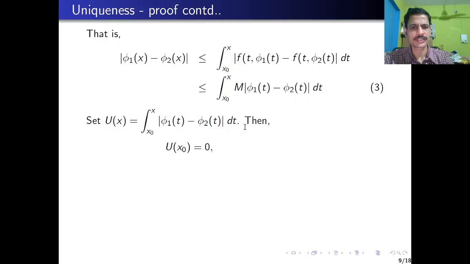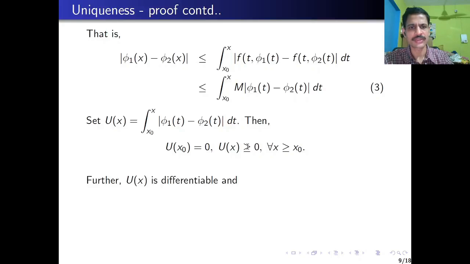Then what is the condition that we have on u? We note that u of x naught will be the integral from x naught to x naught, so u of x naught will be equal to 0. And since there is a modulus here, the integral is also positive. So ux is positive for all x greater than or equal to x naught.